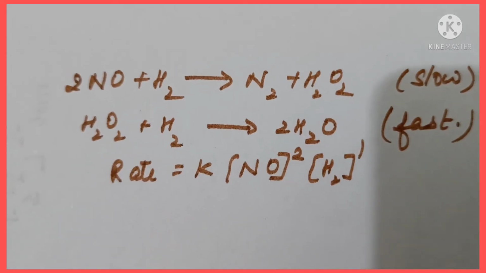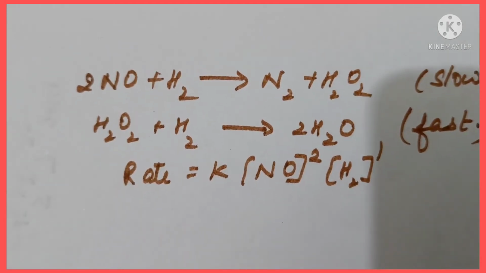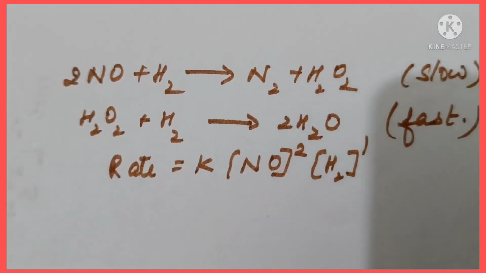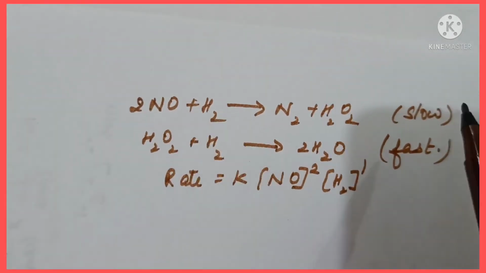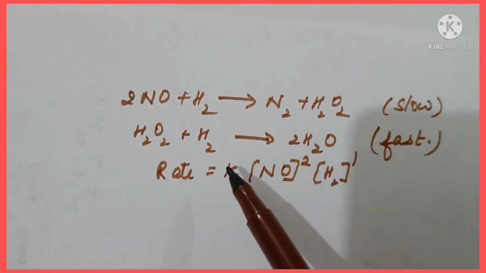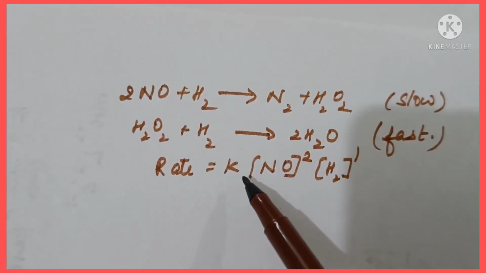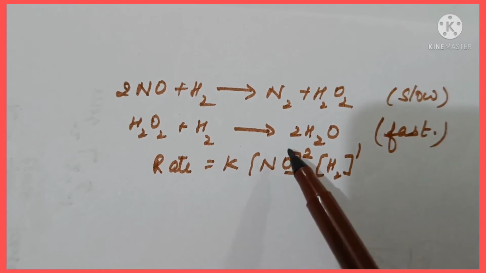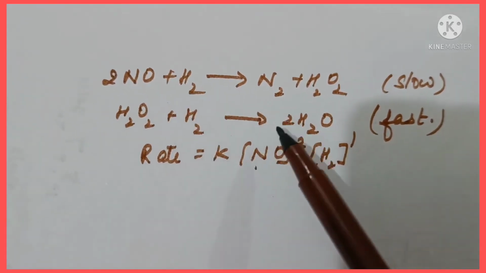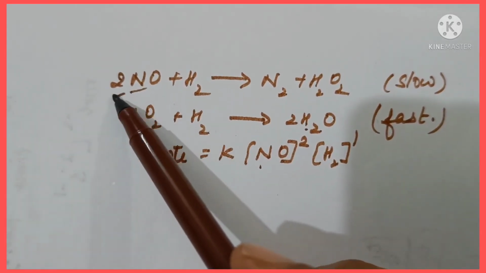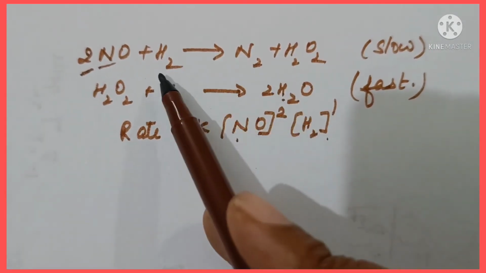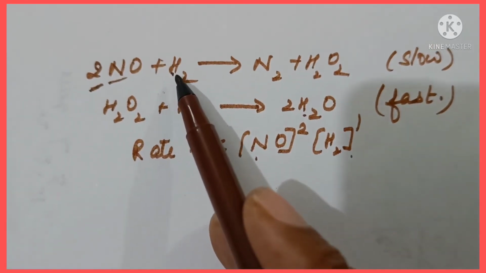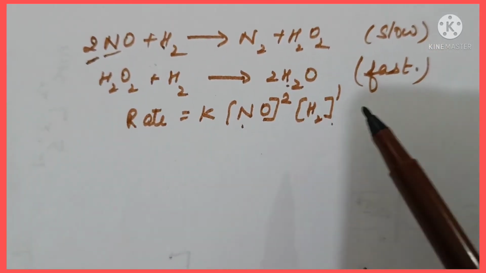As we know, the rate of reaction depends upon the slowest step, therefore the rate will depend upon the reactants appearing in the slow step. So the rate equation will be rate is equal to K, rate constant, into concentration of NO raised to power 2, the stoichiometric coefficient appearing here, into H2 raised to power 1, because 1 is the stoichiometric coefficient here. So this is the predicted rate law.